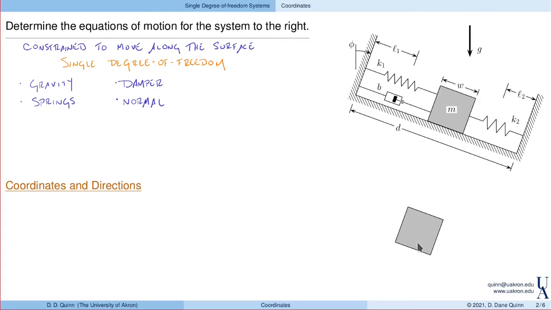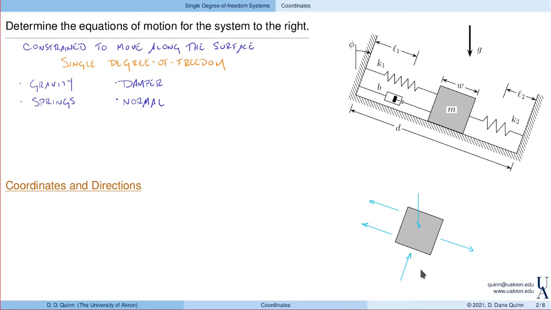So really what we want to do first is just identify those forces on our force diagram. Gravity acts in the vertical direction, so we'll say it's there. These springs, we have one that's here, and one acting on the right. We have a damping force, and then the normal force.